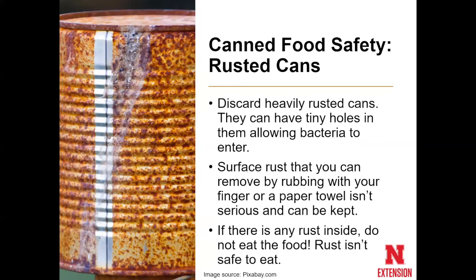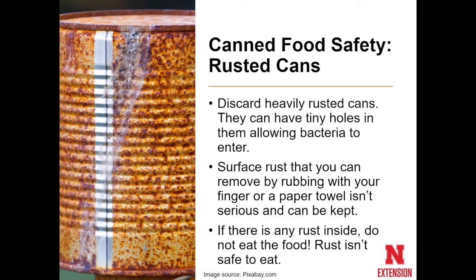Okay. I would hope no one would keep a can that long and it looks like that, where it's totally rusted. But actually, generally, if you can rub the rust off the can, it's probably safe to consume.